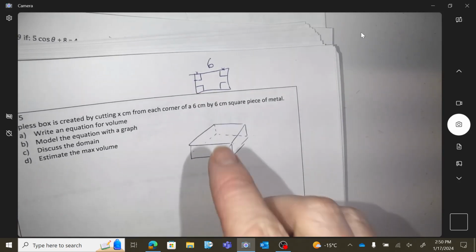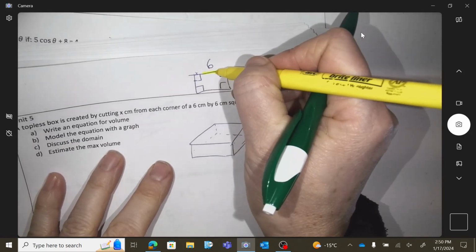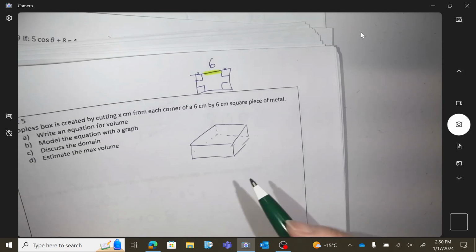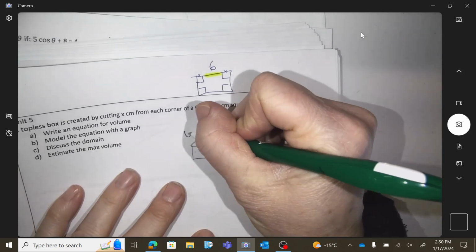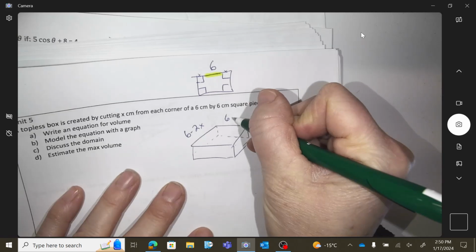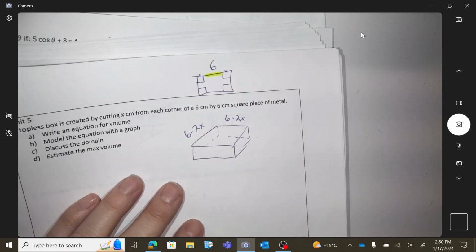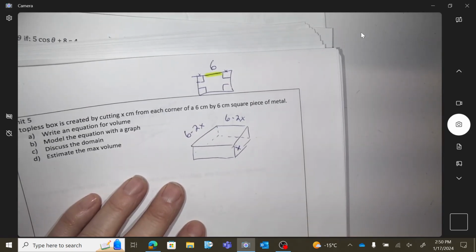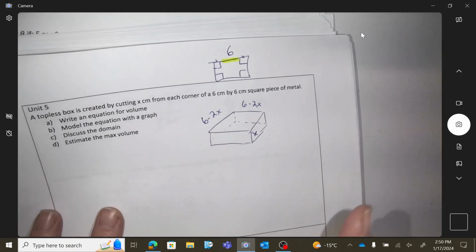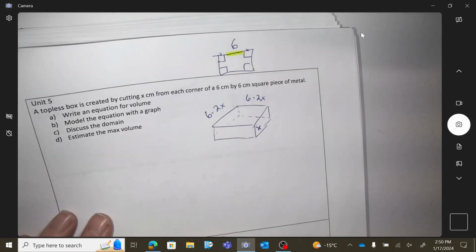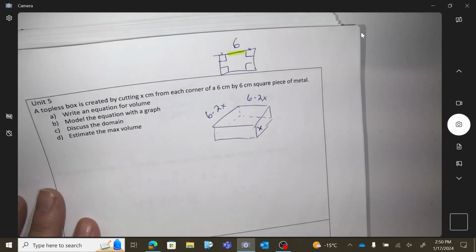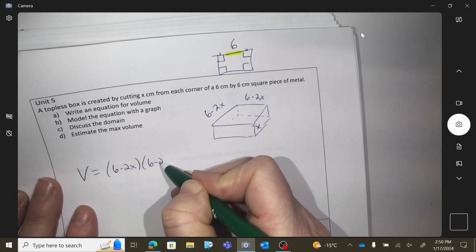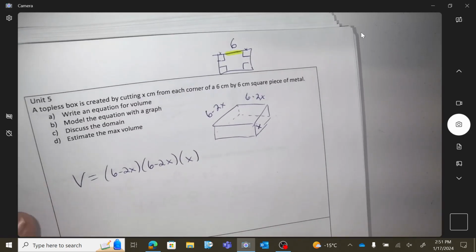Okay, so what is that little space there once I flip it? 6 minus 2x. And same. And then the height after you flip it is x. Volume equals length times width times height.